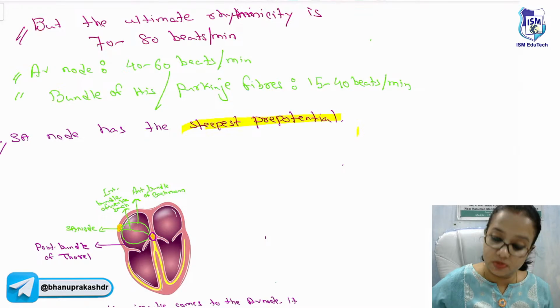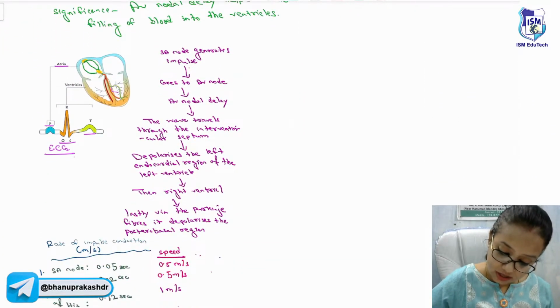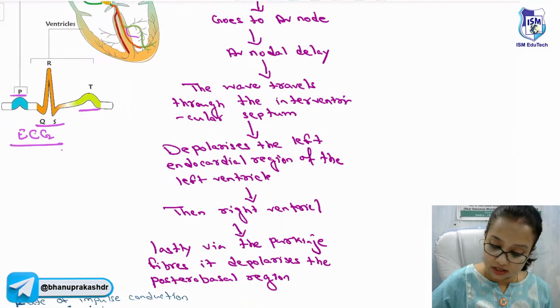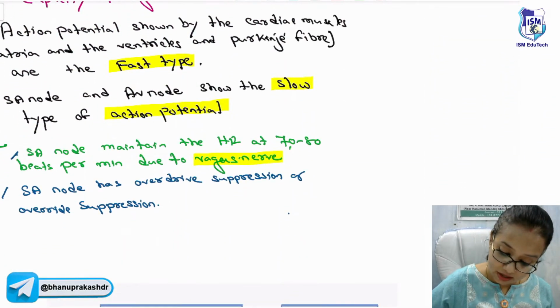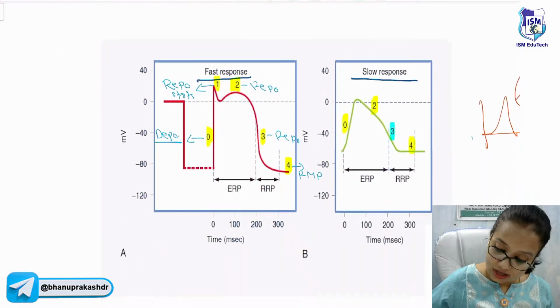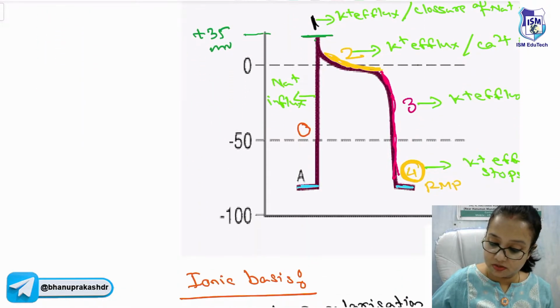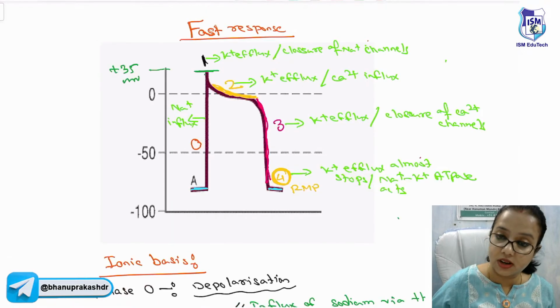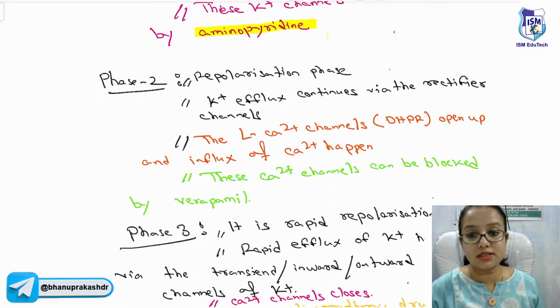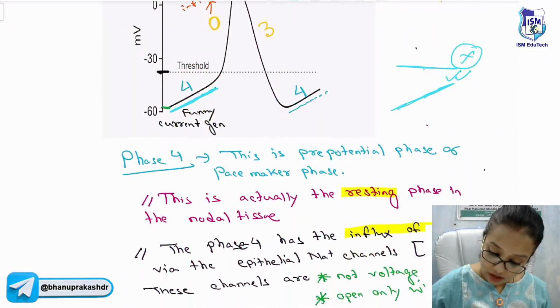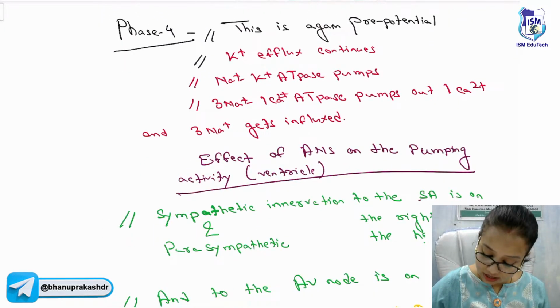It is the steepest pacemaker potential that it has got. Then we studied the path of the conduction through the heart, followed by the speed and the time taken by it. And then in detail, we have studied the various phases of the action potential, both the fast type seen in the cardiac muscle and the slow type that is seen in the nodal tissue with the pharma link as well as the clinical link.